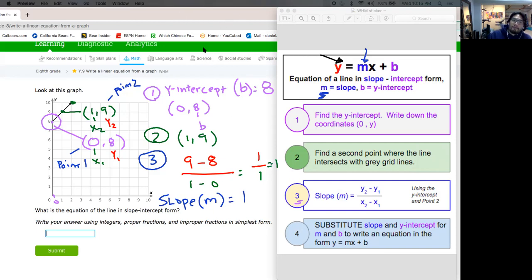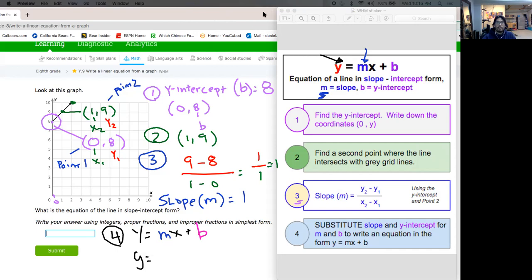Step 4, we are going to substitute the actual numbers that we calculated for the y-intercept and the slope into this equation, y equals mx plus b. I'm switching back and forth between my colors. So first, y equals, we're going to substitute in our slope.